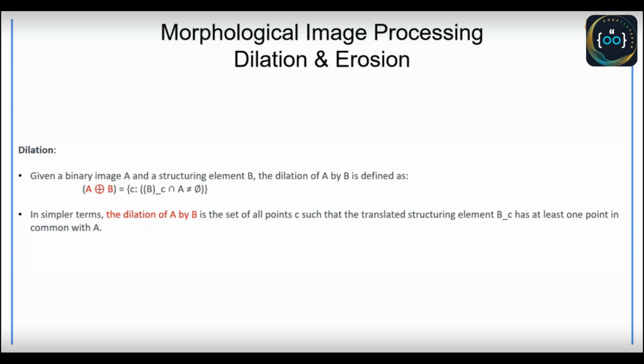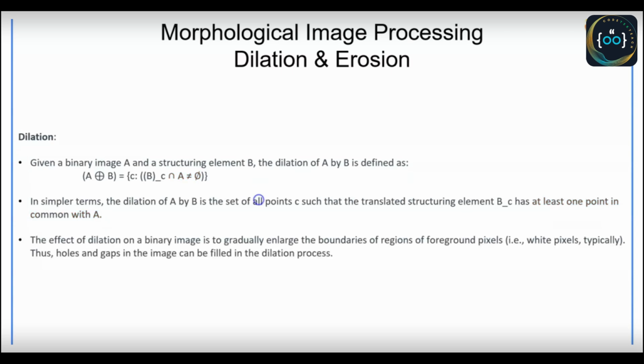In simple terms, the dilation of A by B is the set of all points C such that the translated structuring element B_C has at least one point in common with A. What it is saying is the dilation of image A by the structuring element B consists of all the points where, if you place the center of B at that point, there is at least one overlapping pixel between the image and the structuring element. This is the basic principle of dilation.